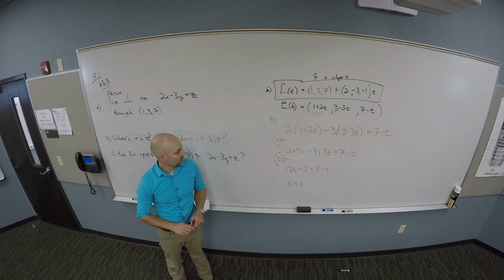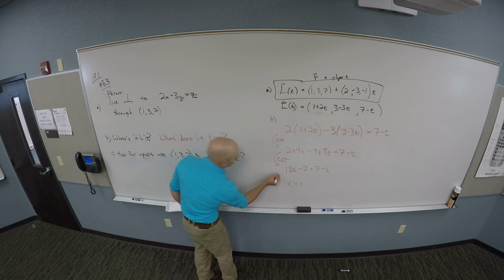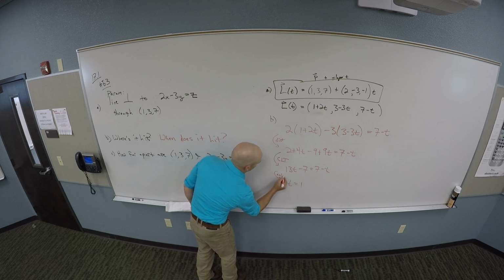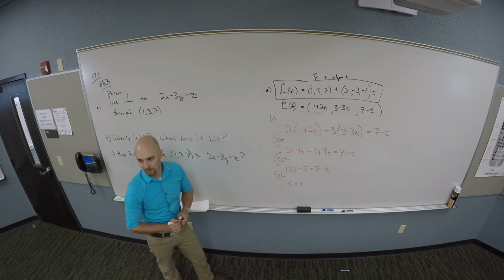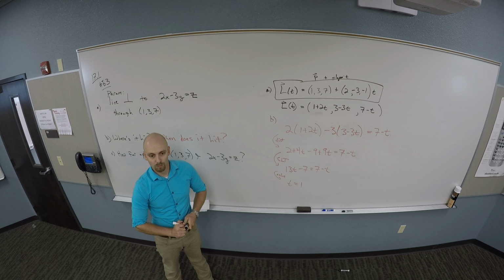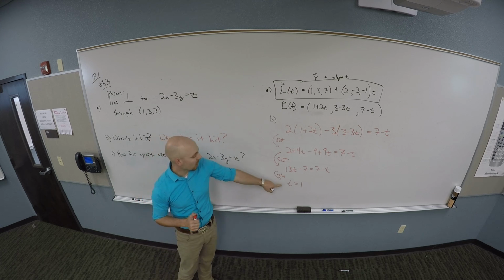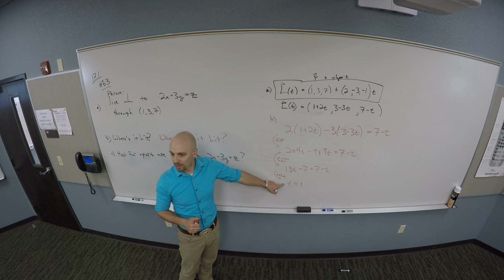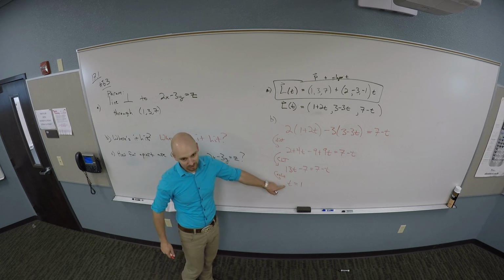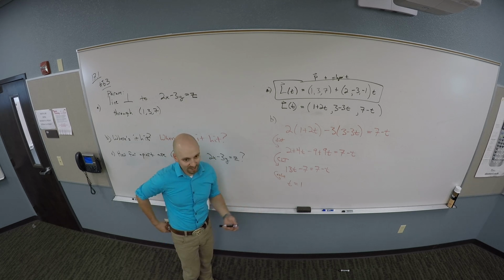All right. So when I got t equals 1, what do I do with that? Plug it in. Into where? That one, to find the line. Okay, good. This is just a time. I don't care about when it hits, I care about where it hits.